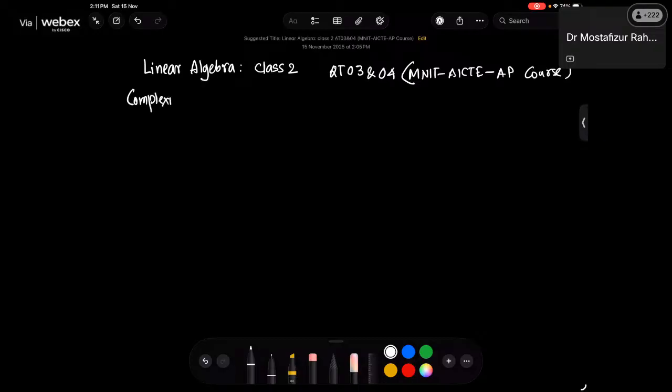One of the things is to check the complexity. I won't go into details of big O notation, theta notation and all.